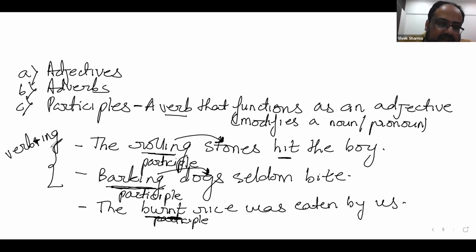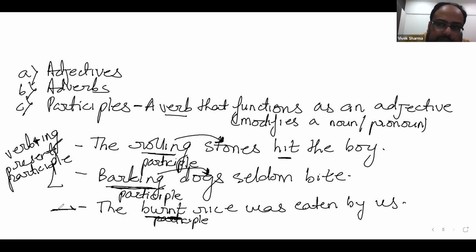Rolling and barking, so it is verb plus ing. Just make a note, these are known as past participles. I'm sorry, present participles. My mistake, please. Verb plus ing is known as present participle. So rolling and barking are present participles.